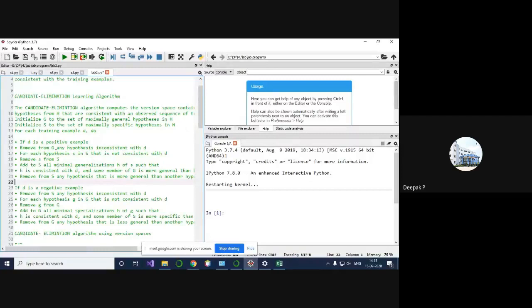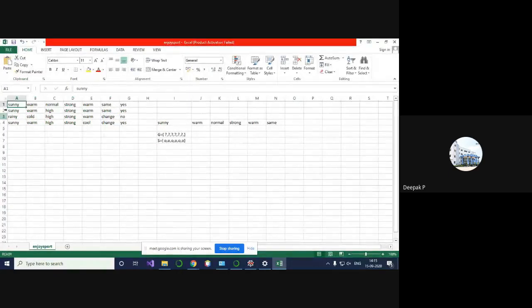I'm explaining the algorithm part. If it is a positive example, I need to remove from G any hypothesis inconsistent with D. So what is my training data set? This is my training data set, first instance, and it is positive. Yes means positive. What is my G naught? G naught is all question marks. Whether these 6 attributes in the first instance are less general than this: this is more general, whereas this is less general.